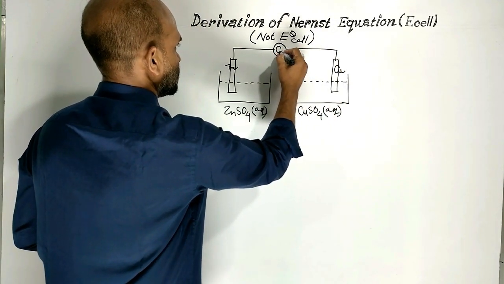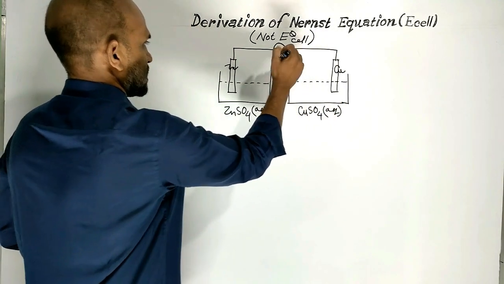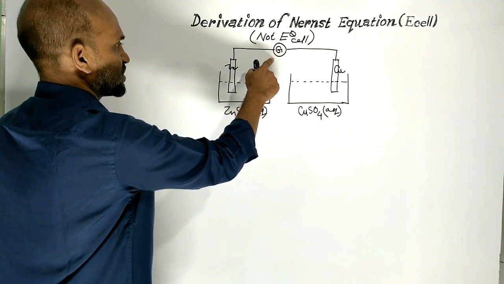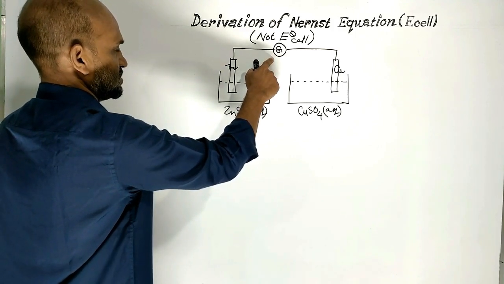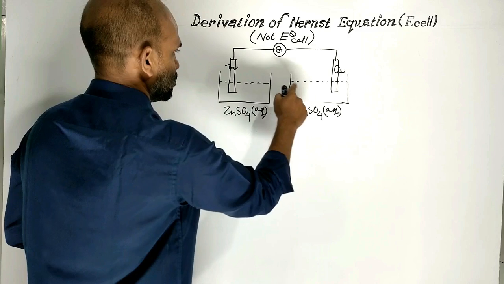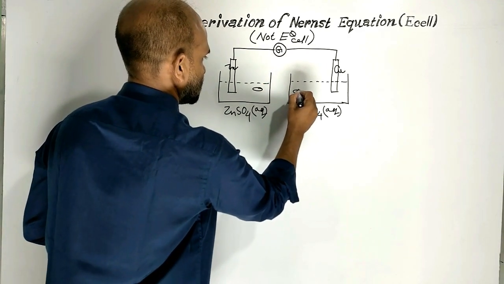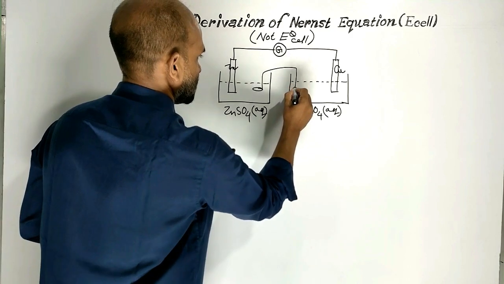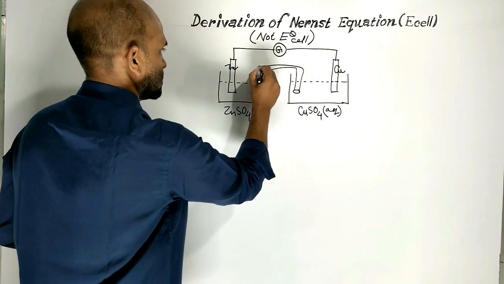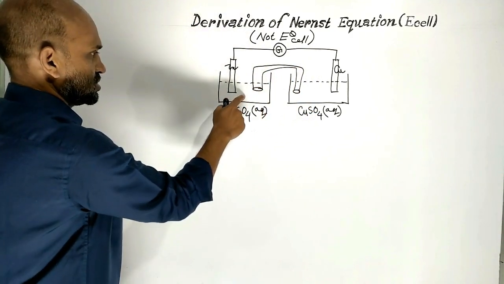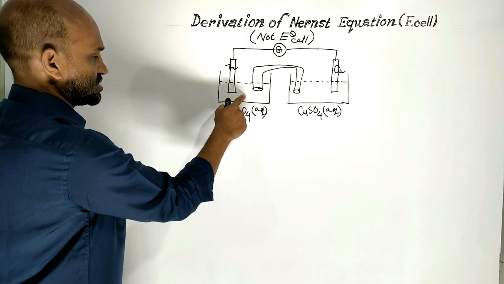This is the galvanometer. The galvanometer shows the presence of electricity. Now, these two solutions are connected with a salt bridge. Now, this is a complete circuit.